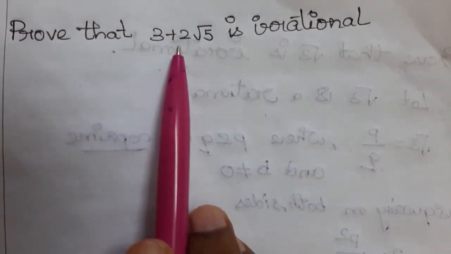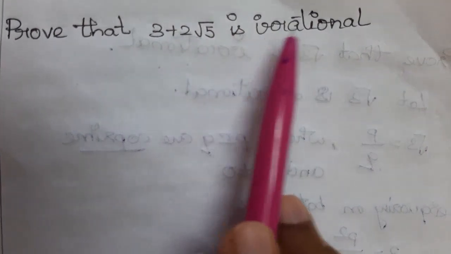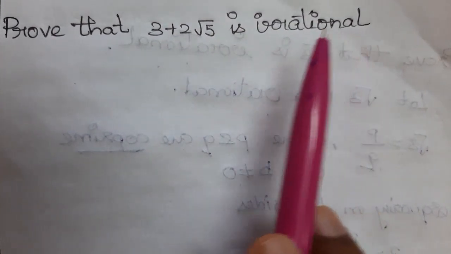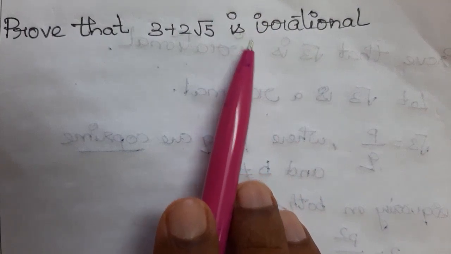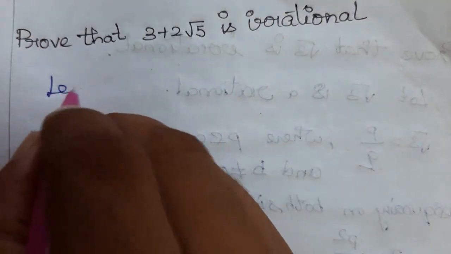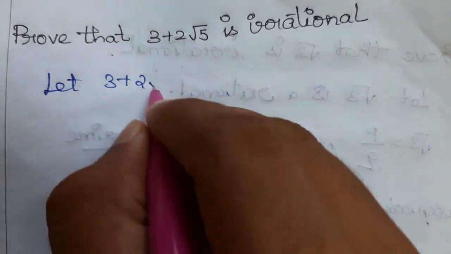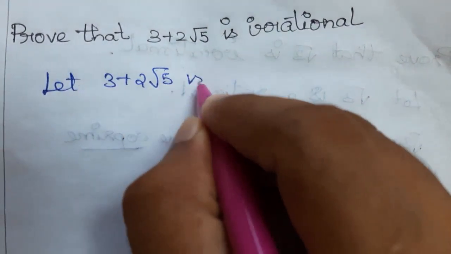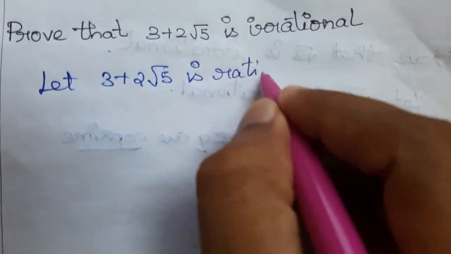Prove that 3 plus 2 root of 5 is irrational. The same, this also we are going to prove with contradiction. So we think it is not irrational, then it should be rational. So let 3 plus 2 root 5 be rational.